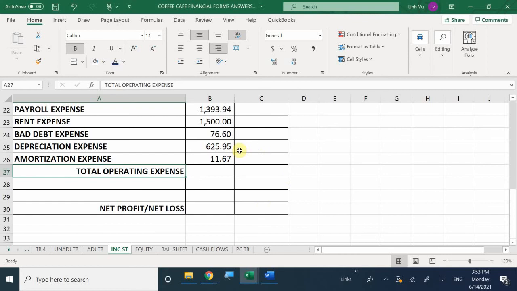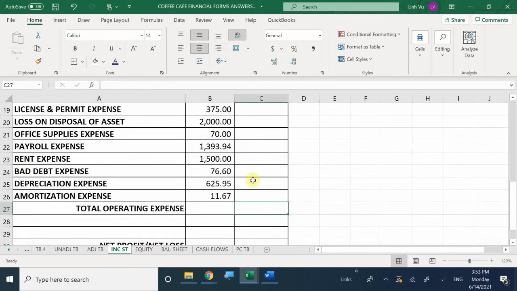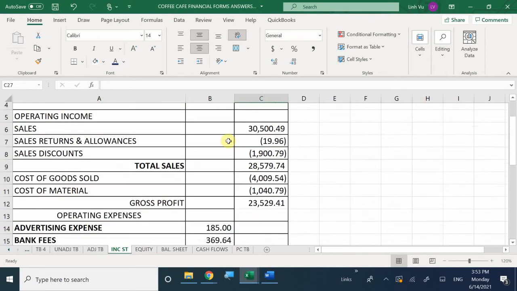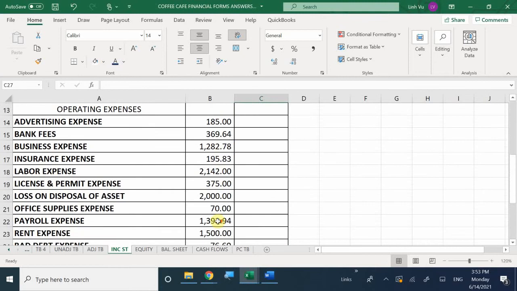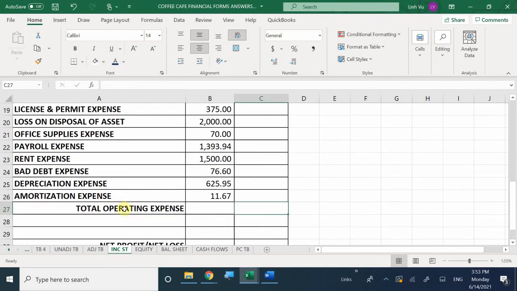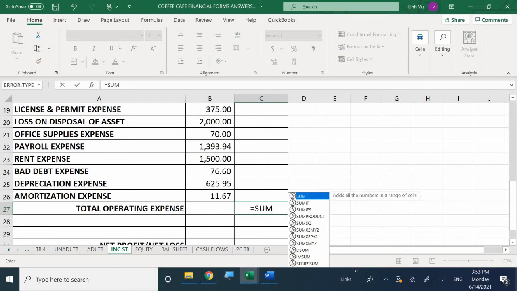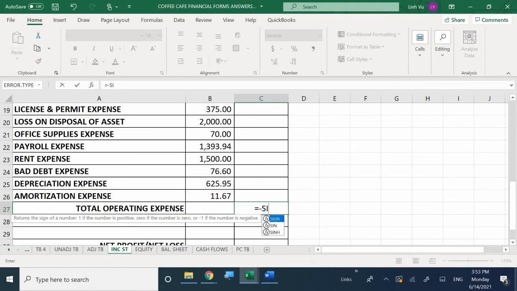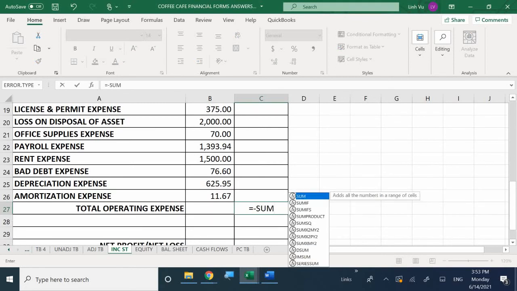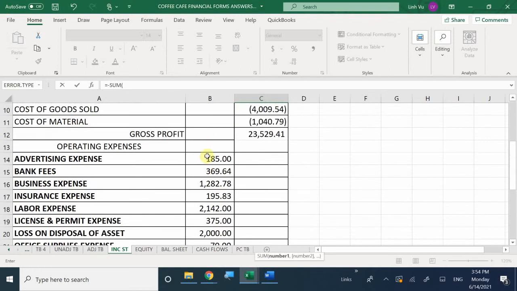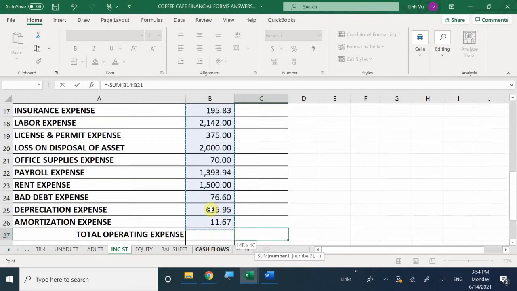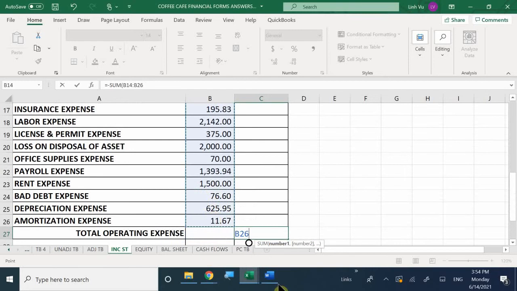On the right side column now, because my left side was just listing out all of my operating expenses, here I have a total, so I'm going to go ahead and equal sum. I'm actually negative equal sum, so I get a subtracted number or a negative number. And I'm going to click and highlight my total operating expenses.